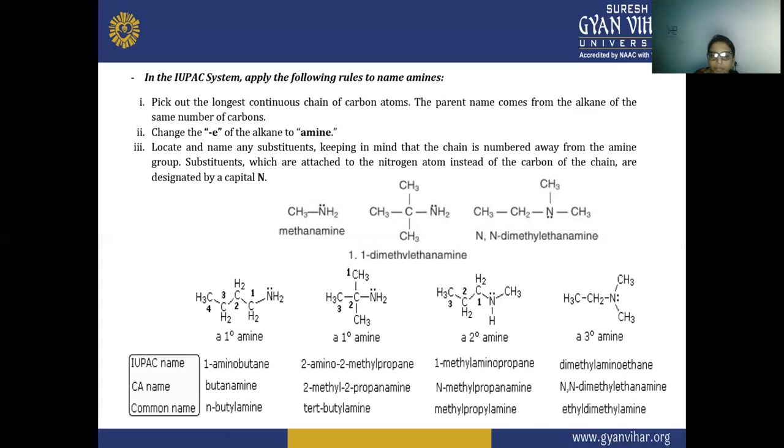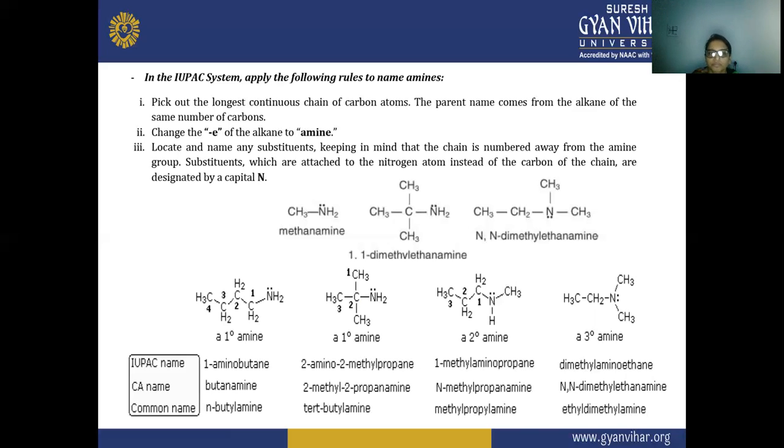The parent name comes from the alkane with the same number of carbons, and there are four carbon atoms in this chain, so this is butane. After that you have to replace the E with amine. Here we have replaced the E by amine, giving butanamine.